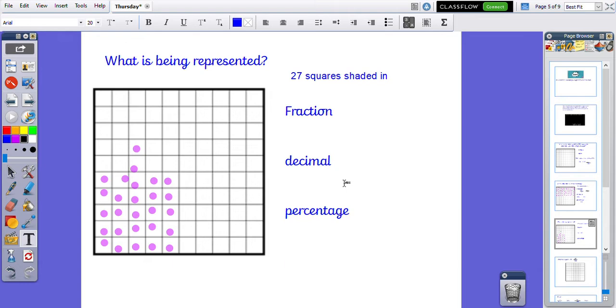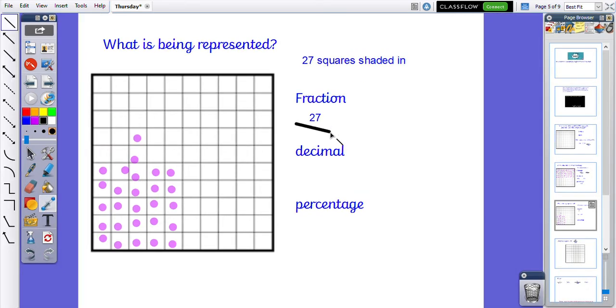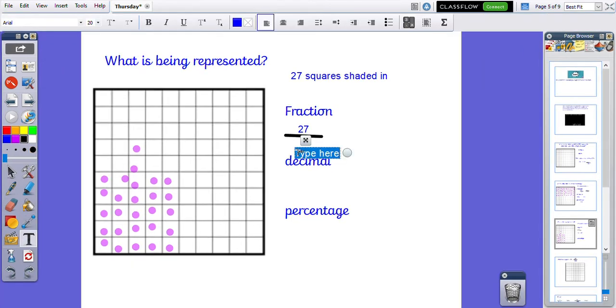Okay, so as a fraction, we know we've got 27 squares shaded in out of 100 squares. So we've got 27 hundredths. Then as a decimal we've got 0.27, so we've got 2 tenths and 7 hundredths.